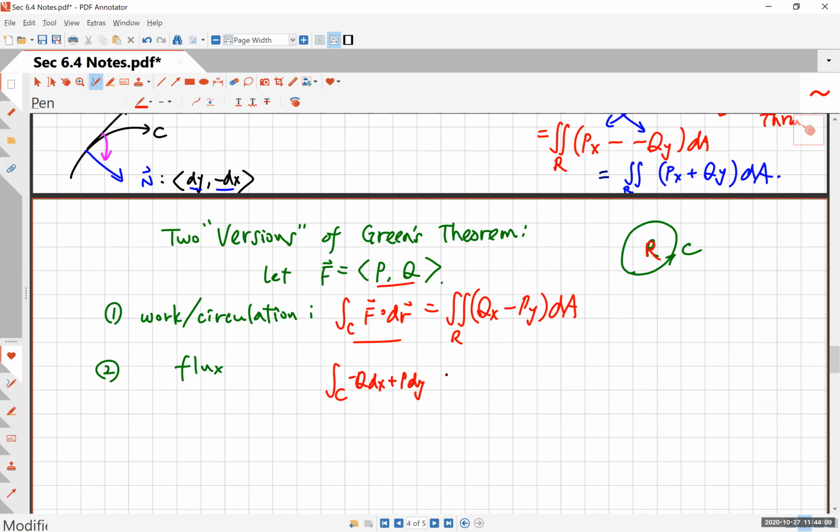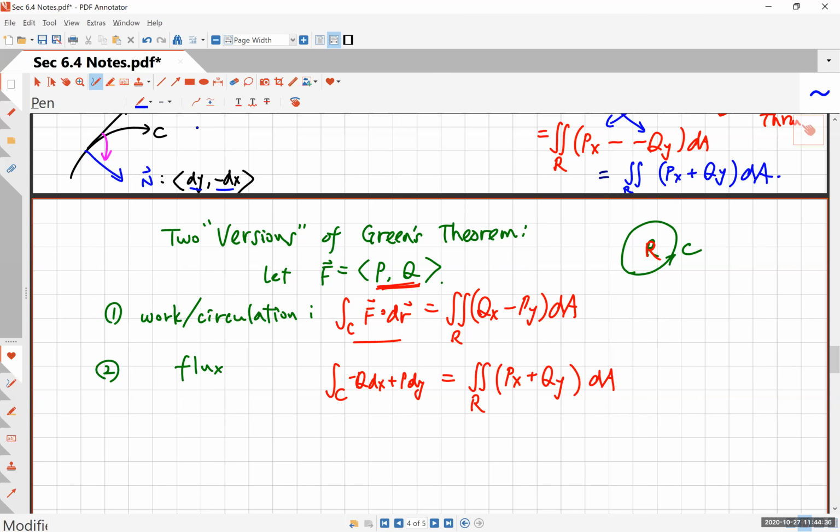You don't have to memorize that part, but it's going to be the double integral over the region R of Px plus Qy. So this is maybe even easier to remember because P, Q is the original order, and then x, y is the original order. All right, and so this is how you get the second part of Green's theorem. So again, remember, Green's theorem has two parts.